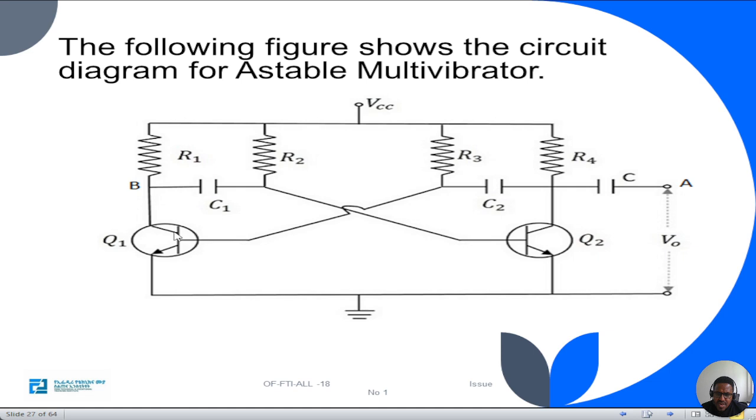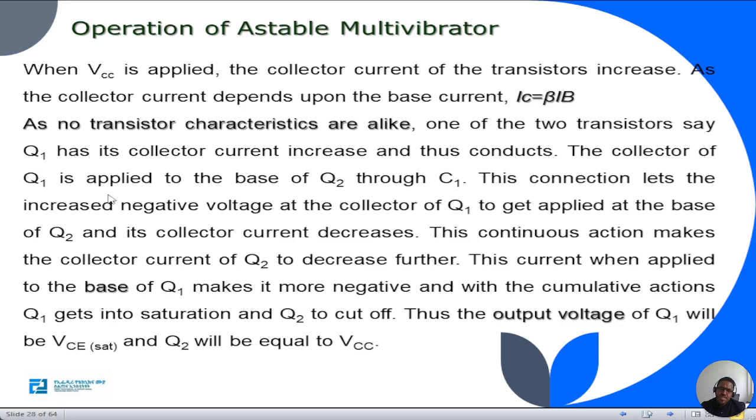So for transistor Q1, the base comes from the collector of Q2. For transistor Q2, the base comes from the collector of Q1. So by this principle, when VCC is applied, the collector current of the transistors increases, as the collector current depends upon the base current, IC equals beta times base current.